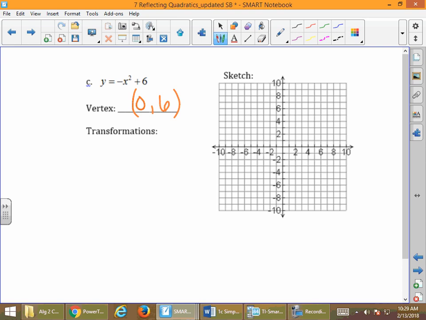The first one listed is the negative. Are we going to reflect over the x-axis or the y-axis? And hopefully you were thinking x.